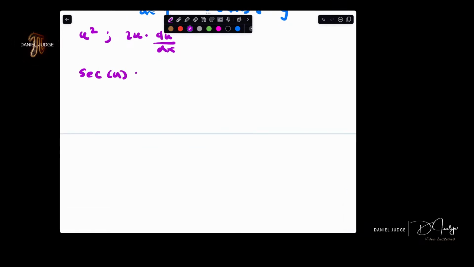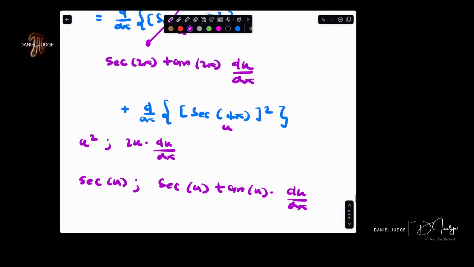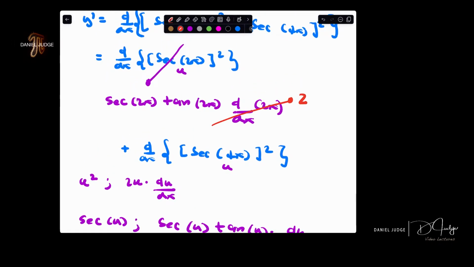If I have secant u, the derivative of secant is secant u tangent u times the chain, which is du dx. And we have to differentiate now the 2x, which is your 2. So this is the first derivative of secant of 2x raised to the second power.